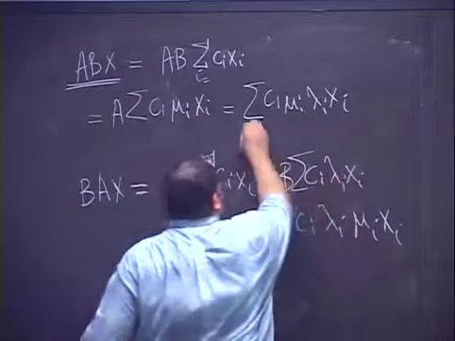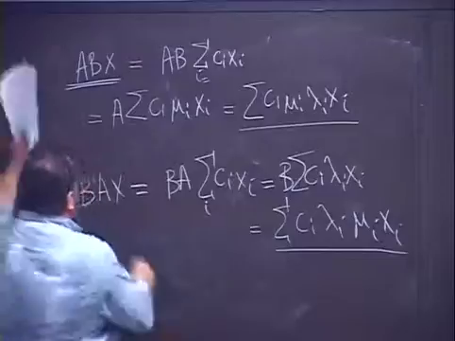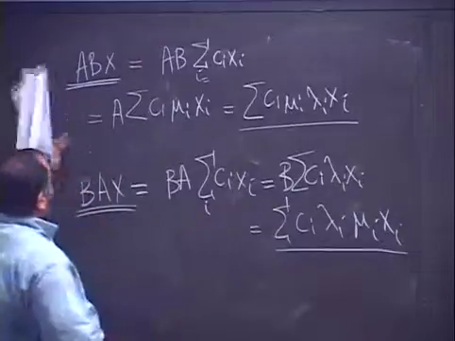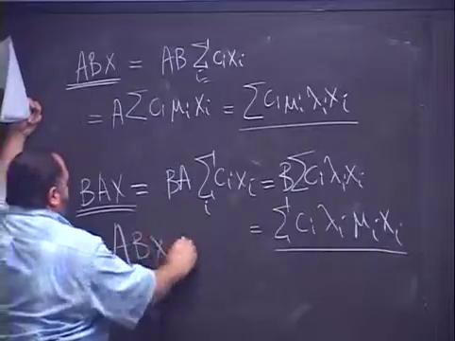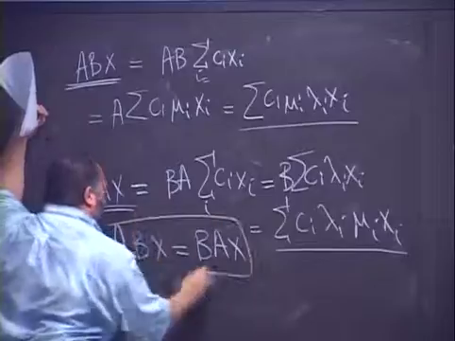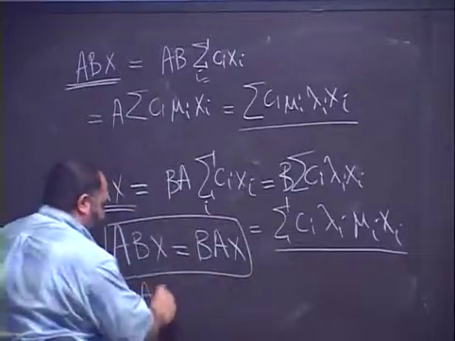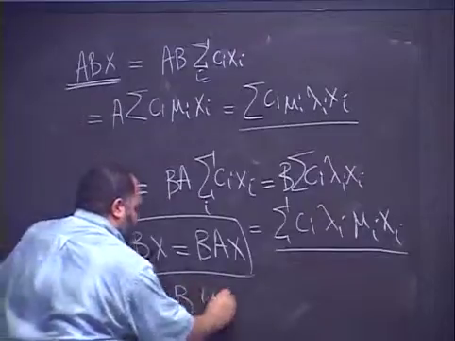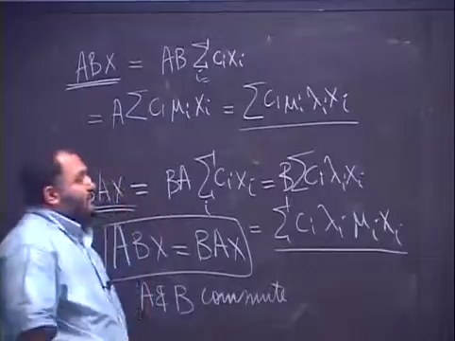So this part here is exactly the same as this part here. So those two parts should be equal. So ABx equals BAx. What does it mean? A and B commute.